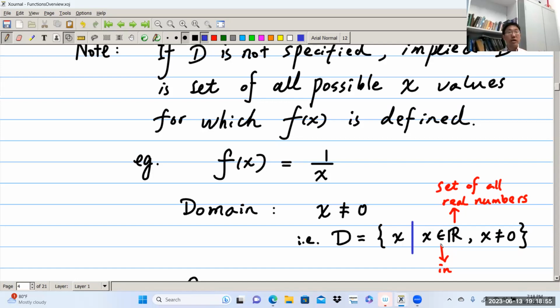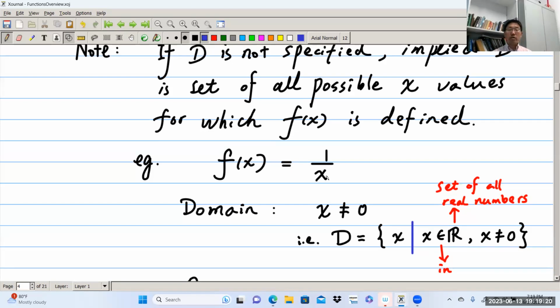Keep in mind, in PreCalculus we consider only real functions, functions that take real numbers as inputs and spit out real numbers as outputs. So consider this real function f of x equals 1 over x.